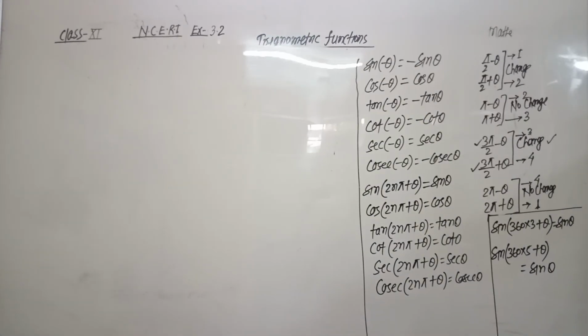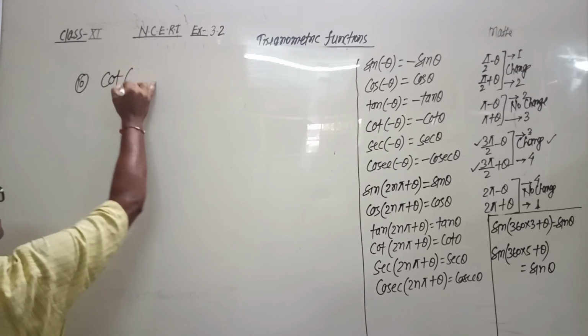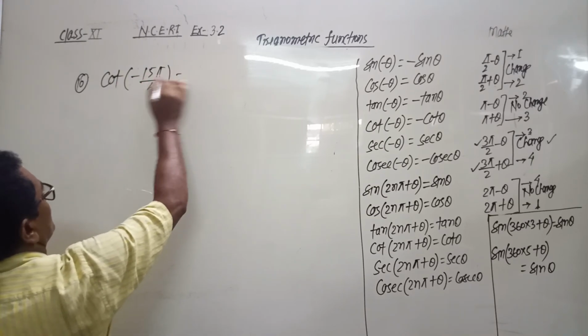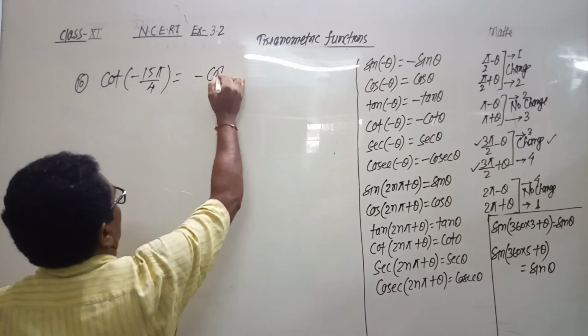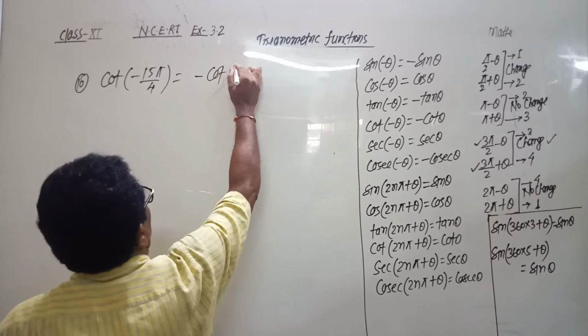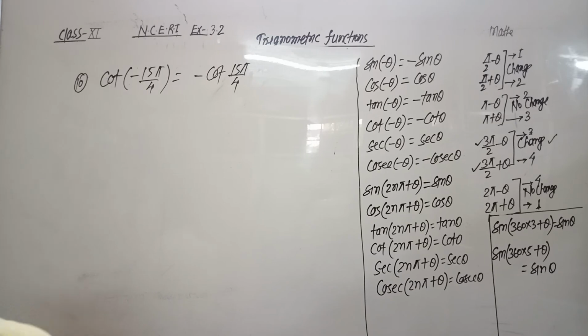Now the last question, the 10th question: cot of minus 15 pi by 4. And we know cot of minus theta is minus of cot theta, and the value of theta is 15 pi by 4.